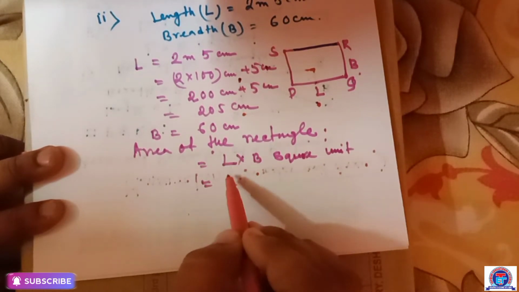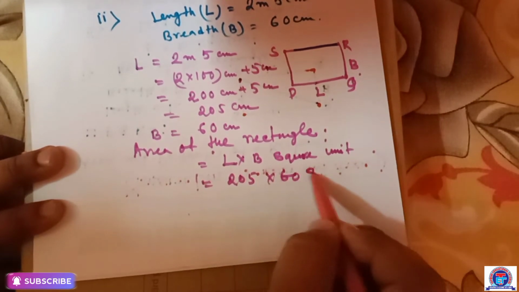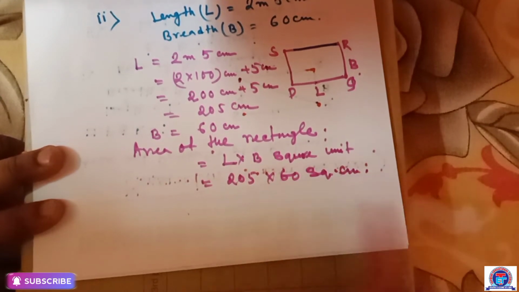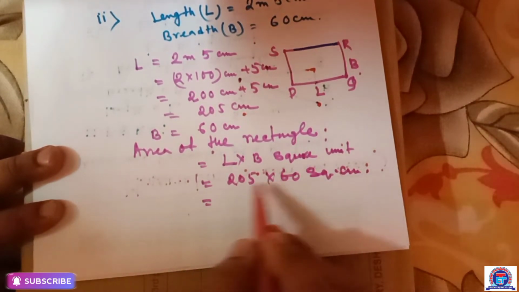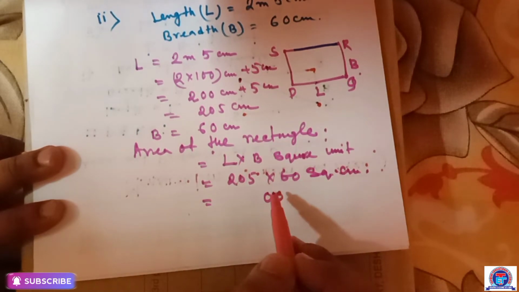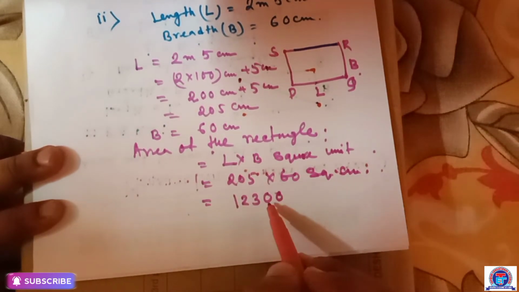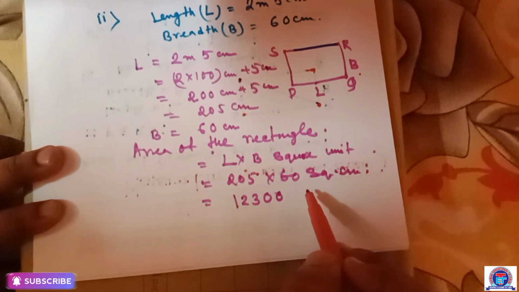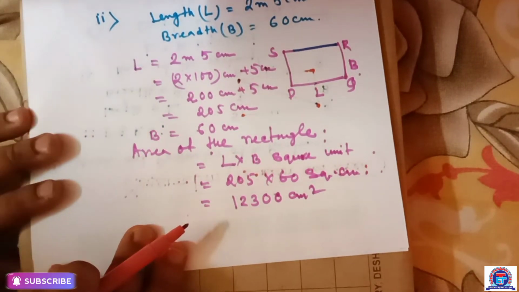So we write here 205 into 60 square centimeter. Right, now multiply this, it will become 12,300 centimeters square. Right, I hope you understood this mathematical problem.